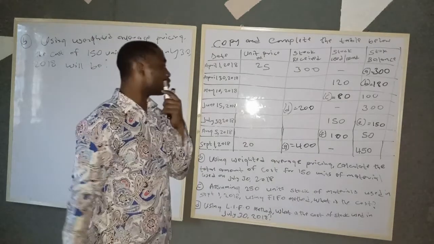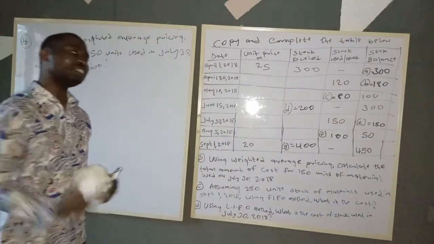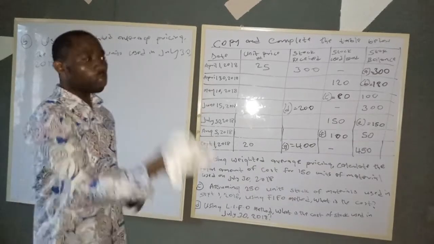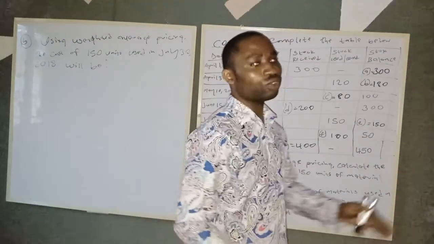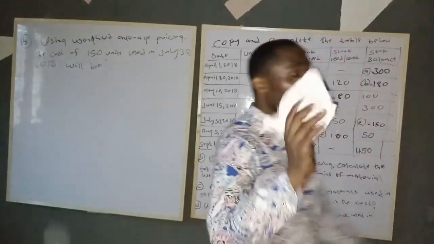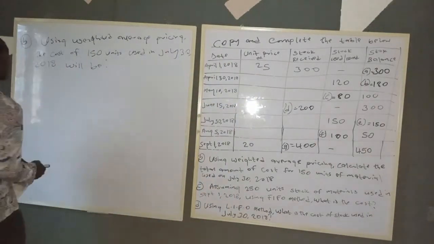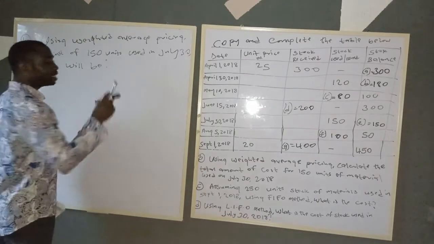Before we go into solving, let me explain what they mean by weighted average. The weighted average simply means that we are not going to use the cost that we bought the material with. Let me use an example to make it very clear. Like someone that is selling markers.